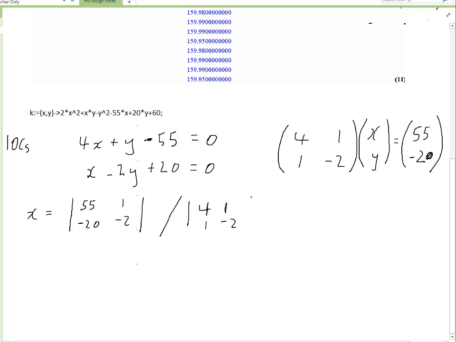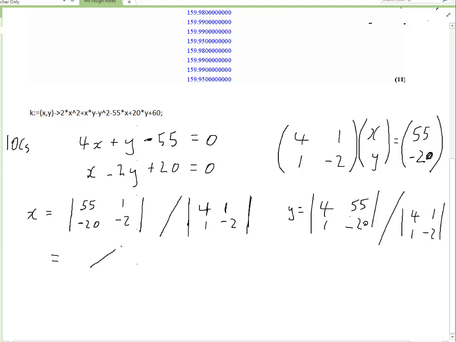Remember, this means determinant of, and then y is going to be, with the proper equal sign, the other alternate matrix, which is 1, 55, 1, minus 20, divided by the same original. X is going to be equal to, we need the determinants of all these matrices.